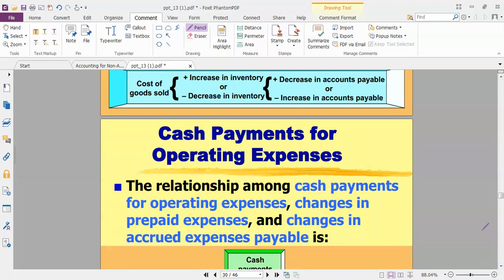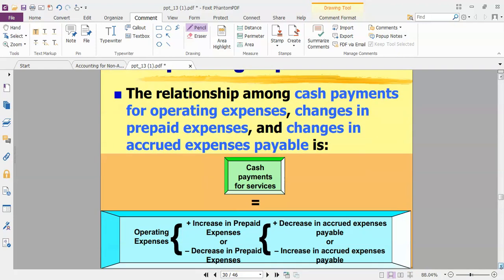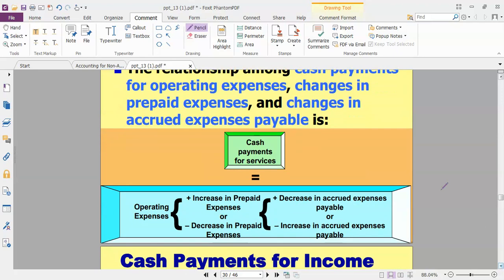Okay, then cash payment for operating expenses. The relationship among the cash payment for operating expenses, changes in prepaid expenses, and changes in accrued payable is: cash payment for services is equal to the operating expenses, plus an increase in prepaid expenses or decrease, and then a decrease in accrued expenses or increase in accrued expenses.